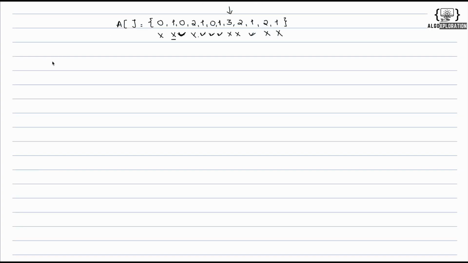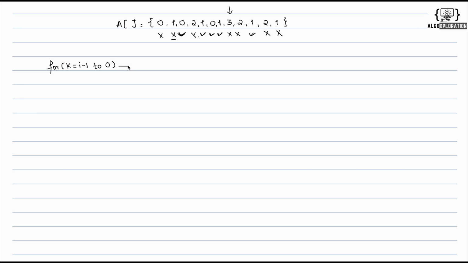So if we are standing on the ith building, we have to traverse to the left. The for loop will look like this: for k equals i minus 1. Okay, we are traversing on its left. We have to go till 0.